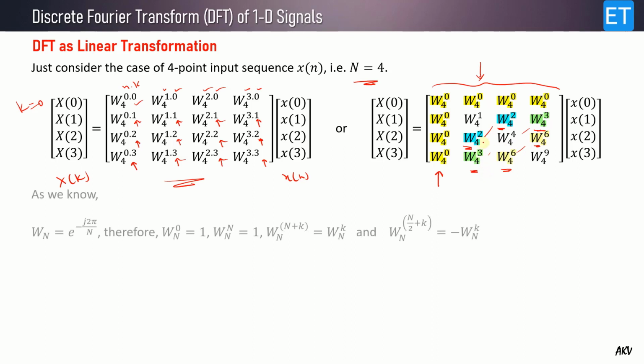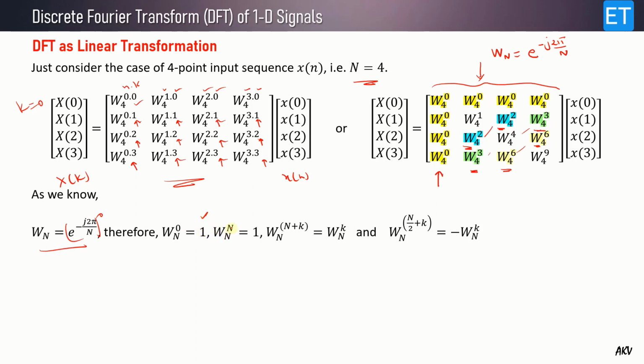And now let me show you how we can find the values of these W's. Actually, I have already shown you that Wn is simply e power minus j 2 pi by n, right? So you can find any value of all these coefficients easily, right? So Wn is simply e power minus j 2 pi by n. Therefore, Wn0, that means the power of this is obviously 1.